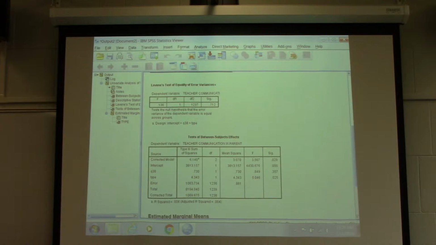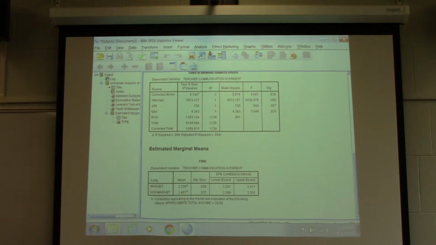So I only have one covariate. All I need to look at here is Q38 and type. Q38, parent income, is not a significant difference, but my conclusion would be there are differences in parent-teacher communication between magnet and non-magnet schools after controlling for parent income level.